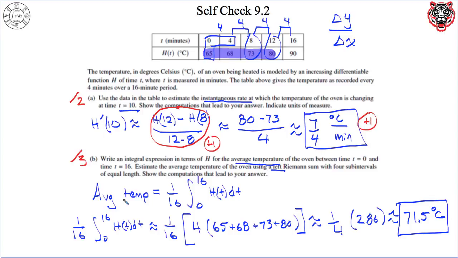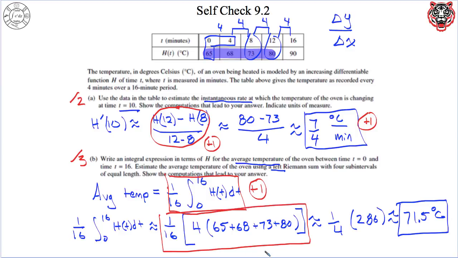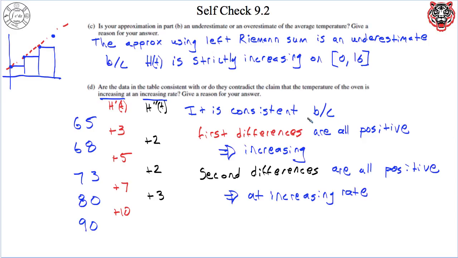You have to have average temperature equal to this exact thing, 1/16, or you could do this all divided by 16, but that thing for the average temperature is 1 point. If you have this down here, that's the left Riemann sum, that's +1 point. So setting up the Riemann sum is 1 point, and then actually finding your answer of 71.5 degrees is another 1 point.